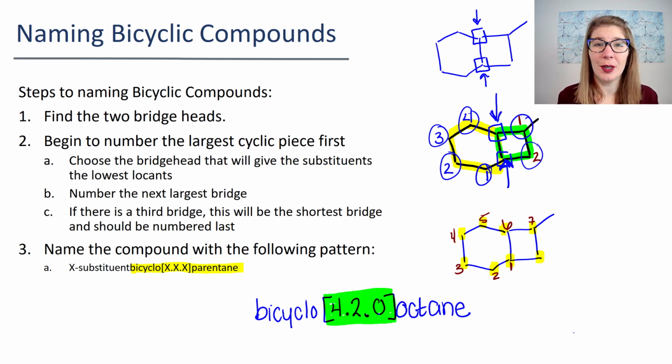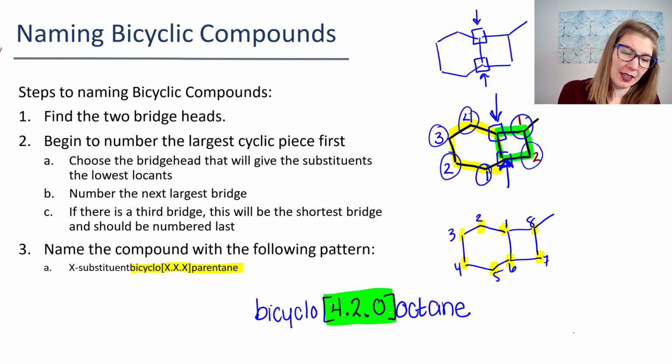If I erase these numbers and start at the other bridgehead, which we can do right now, let's start numbering at the other bridgehead, 1, 2, 3, 4, 5, 6, 7, 8. This is going to get us an 8-methyl. What's smaller, a 7 or an 8? Well, obviously the 7. We're going to stick with the first way that we numbered and call this 7-methyl.